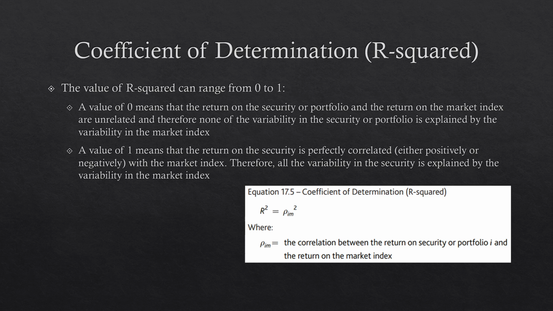If the value is 1, then the return on the security is perfectly correlated, either positively or negatively, with the market index. Therefore, all the variability in the security is explained by the variability in the market index. So that is another thing to remember for the exam, just the difference between 0 and 1.